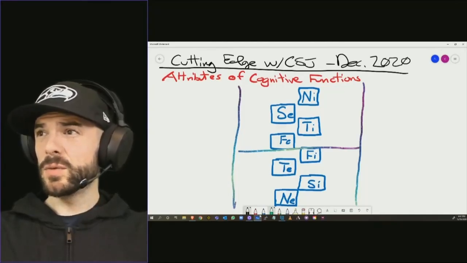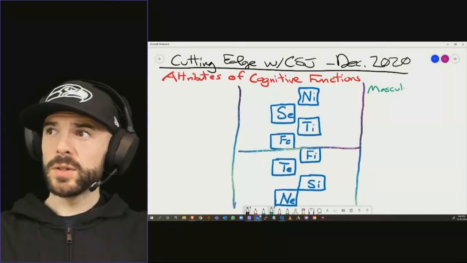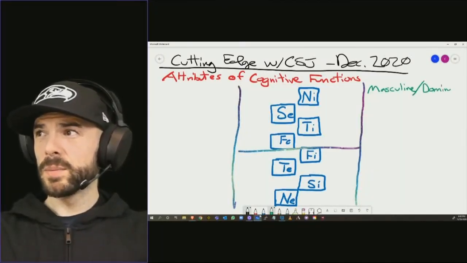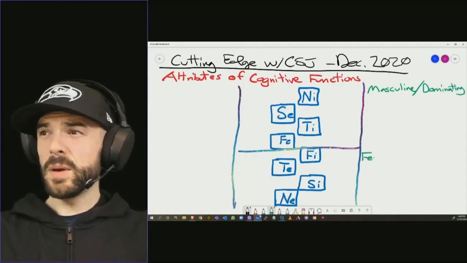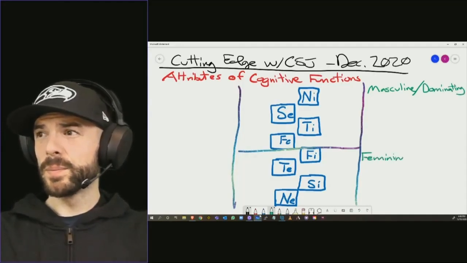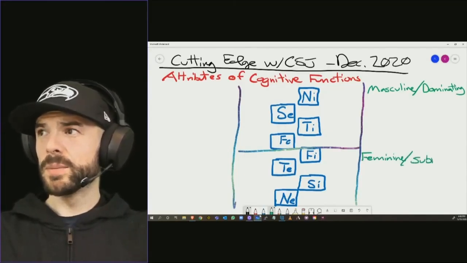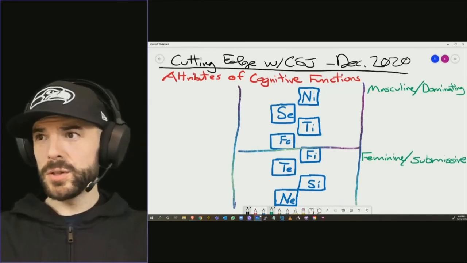But these four functions represent the masculine functions, also known as the dominating functions. And then down here, these are the feminine functions. They're also submissive functions.